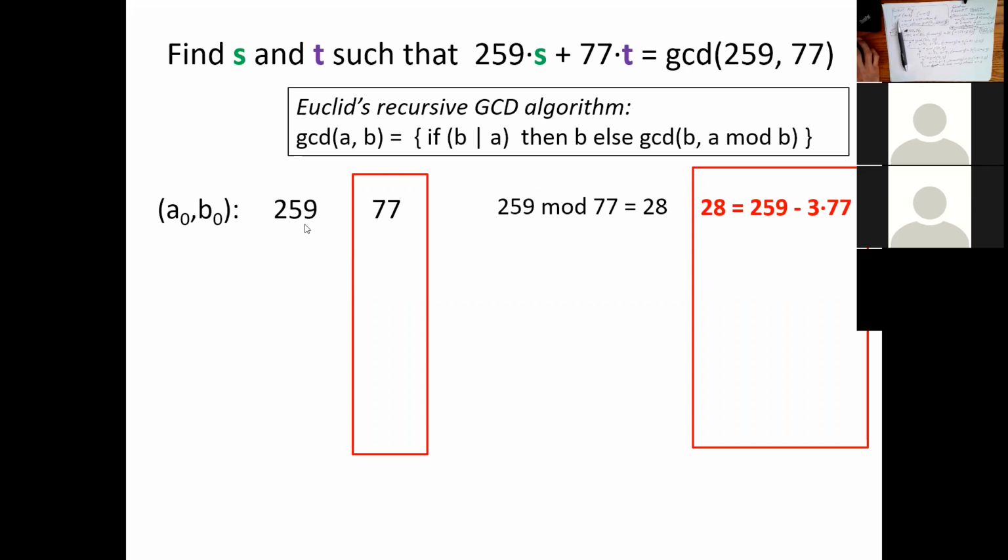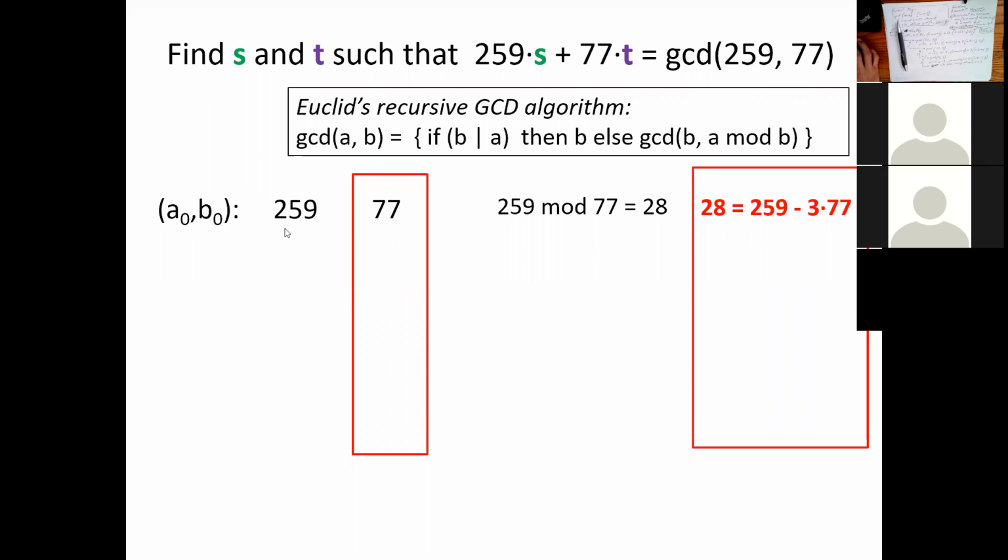Let's just do another run of the recursive Euclid's algorithm, and then see how you would use this run to compute these coefficients S and T in addition to the GCD. I'm going to call the initial A and B values in the first call A0, B0. So A0 will be 259, B0 77.